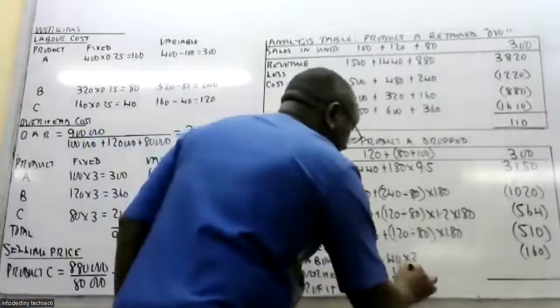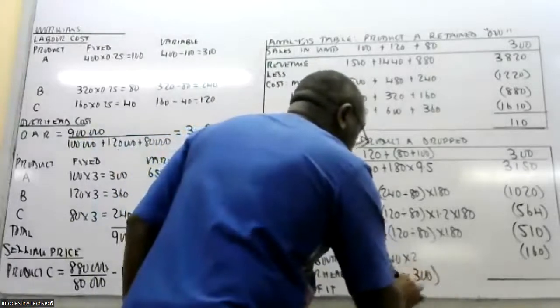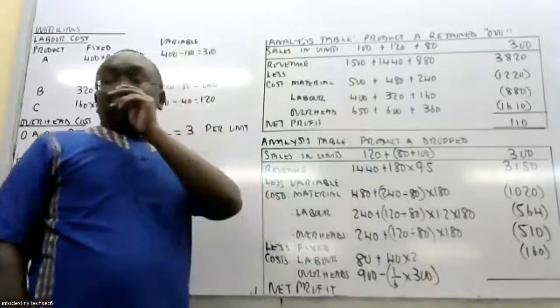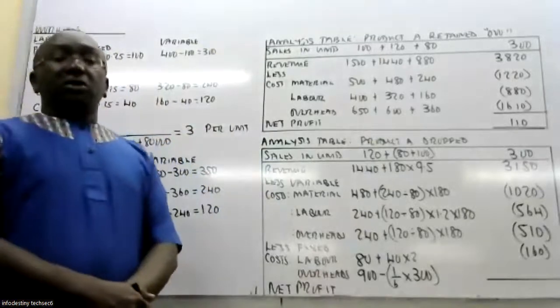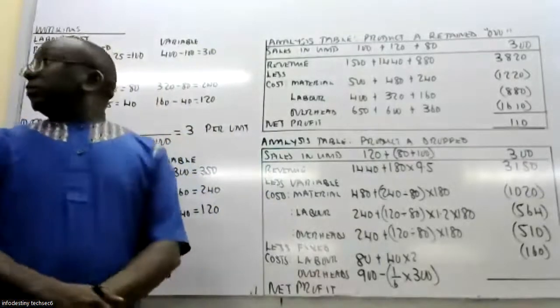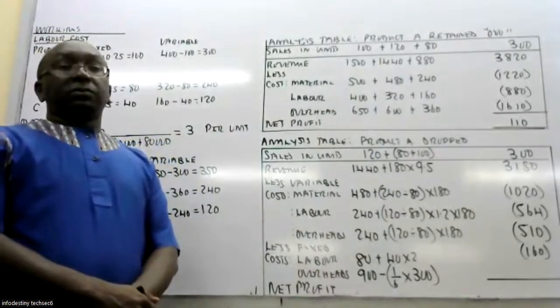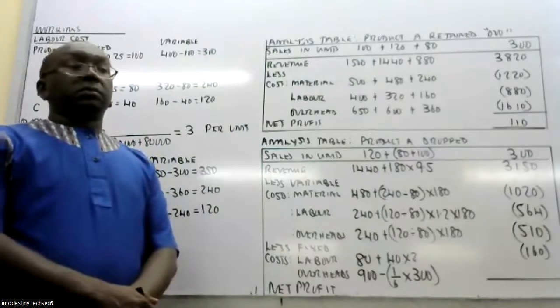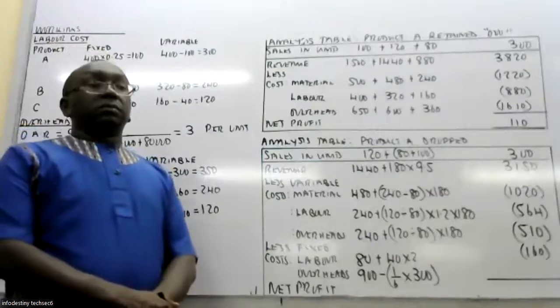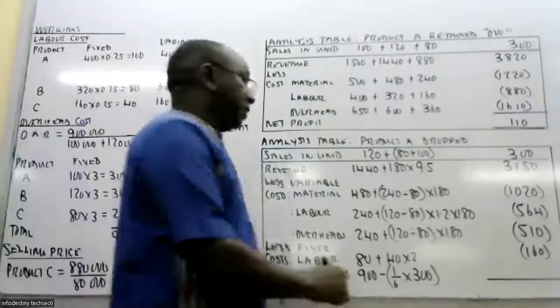A sixth, because fixed costs are supposed to remain constant. $850.